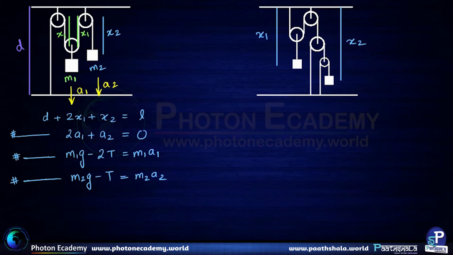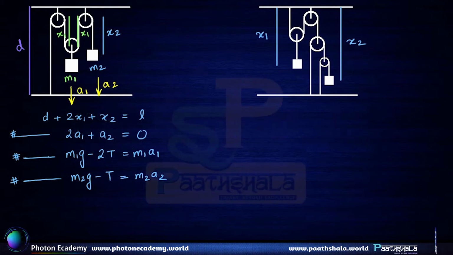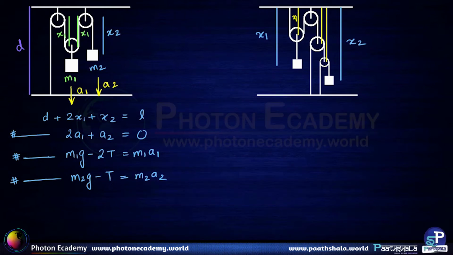So we need to take the distances from the center of each of the moving pulleys to any of the rigid supports, up or down. This is, let's say, xp1, this is xp2, and this is xp3.